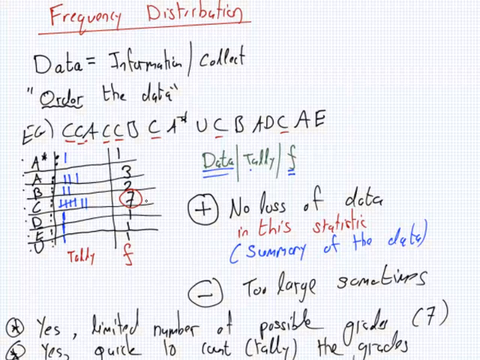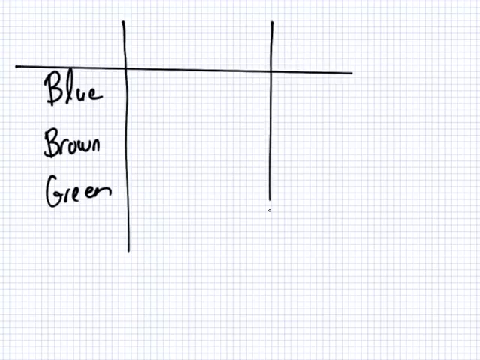Okay, so we need to write those down. Blue, brown, and green. So frequency, this is the tally, and this is the eye color.